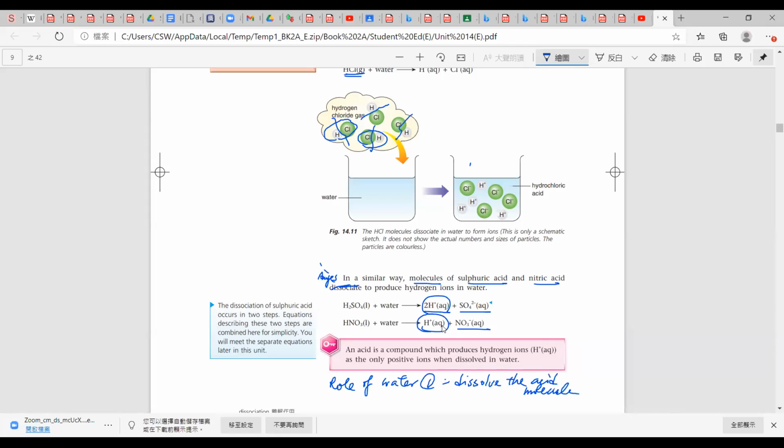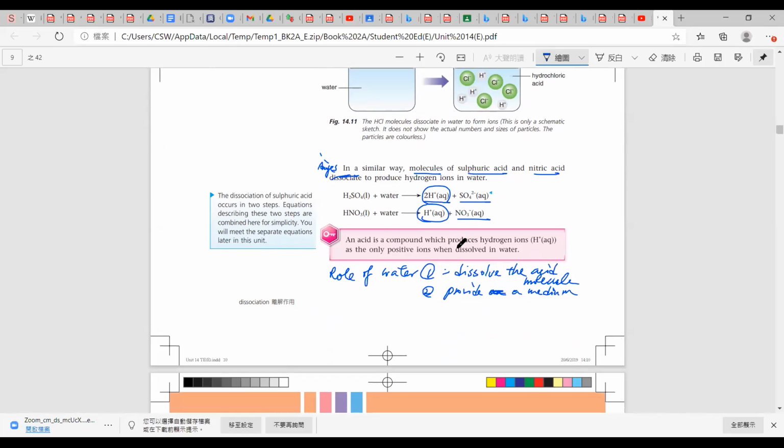It provides the medium to turn the molecules into ions. We call that ionization. Provide a medium for ionization to occur. Ionization of acid molecules occurs. Can you get the point?